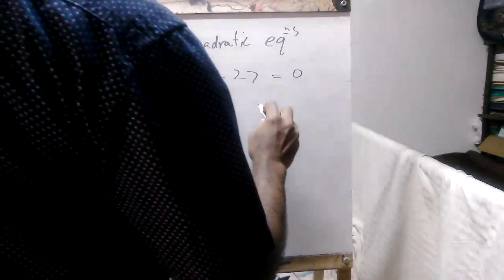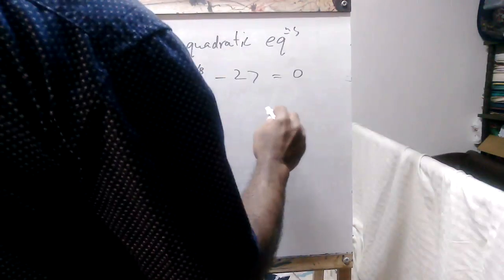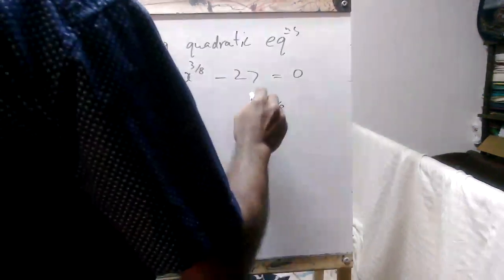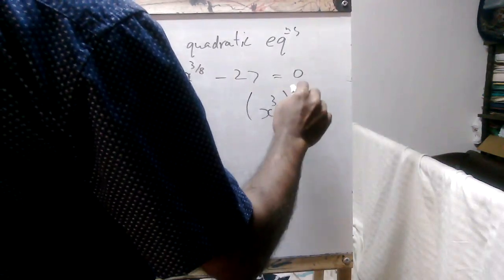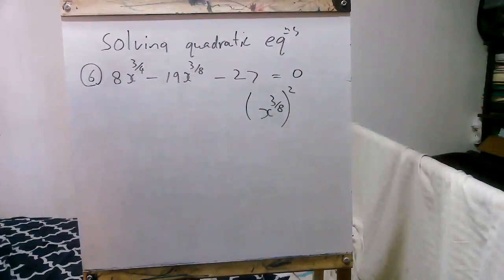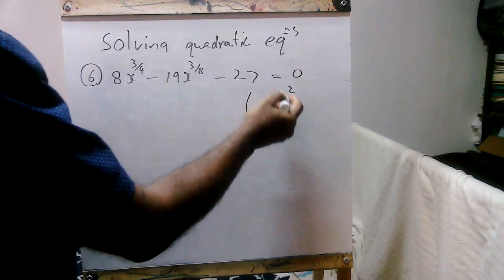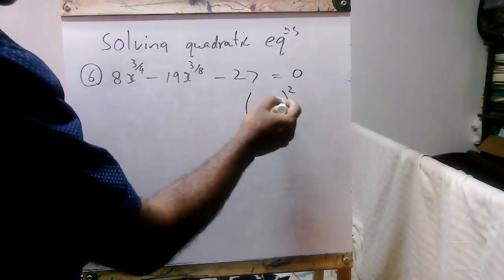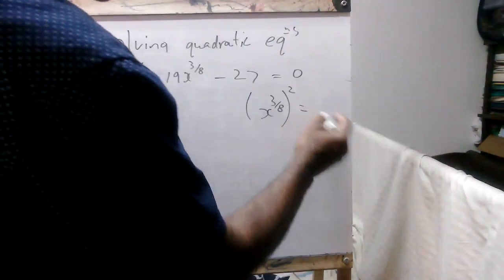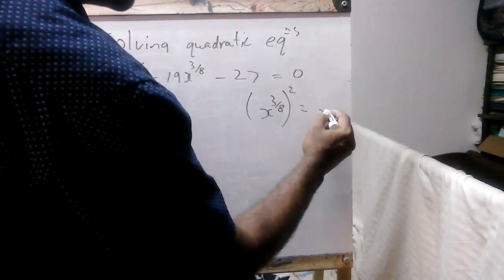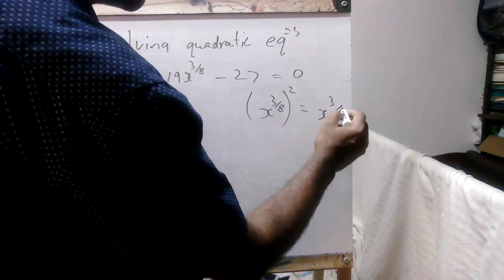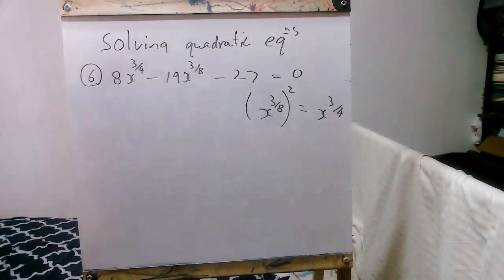Now take the whole thing, x to the power 3 over 8. If you square this, right, when you square, what you do, you multiply only the exponent by 2. If you multiply this by 2, what you get, x to the power 3 over 4, right? Is that right?